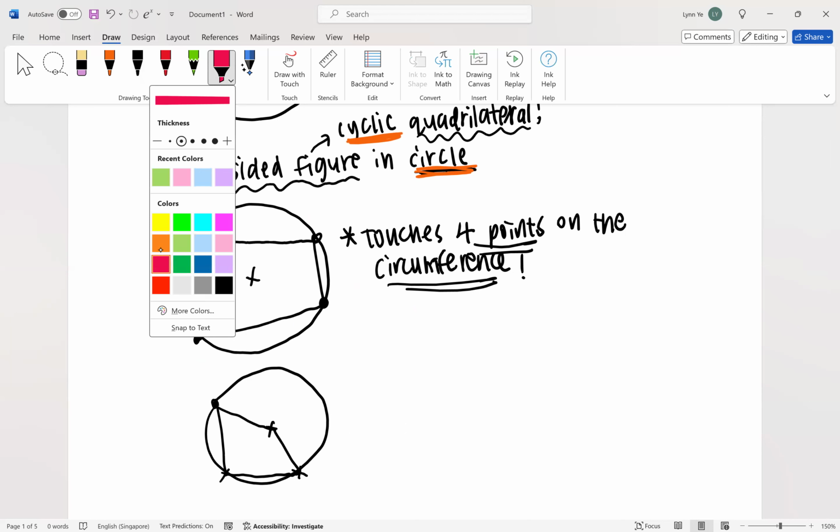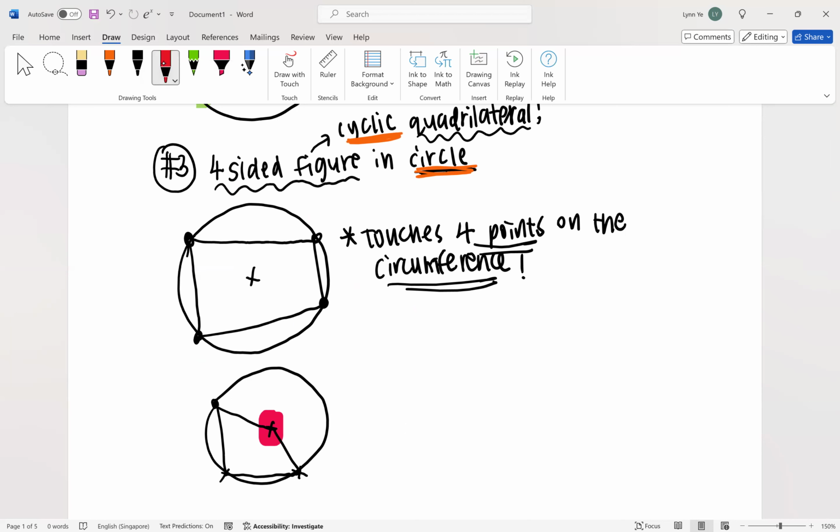Because which one is different? So where's that one point? This is wrong. This is not on the circumference. Do you understand now?